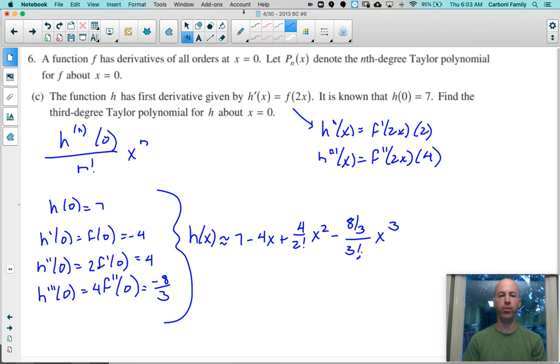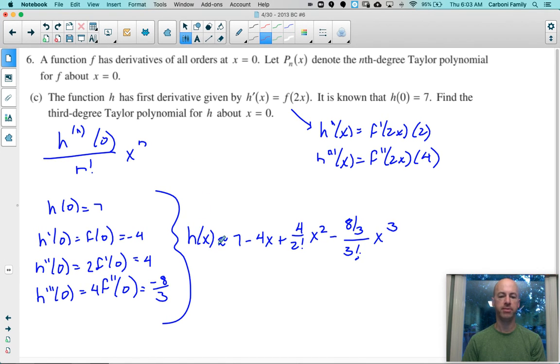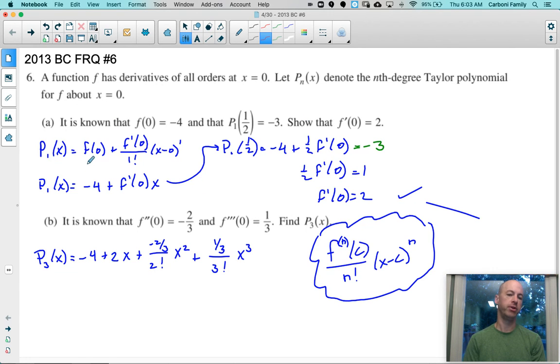The one thing I want to point out is your use of equal symbols and approximate symbols. Notice I used an approximation symbol here because I had a third degree Taylor polynomial that approximates h. However, in parts A and B, you may have noticed, maybe you didn't, that I used equal symbols for P1 and P3. The reason I used equals is because I didn't say f of x is this.